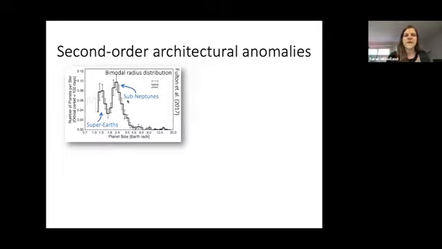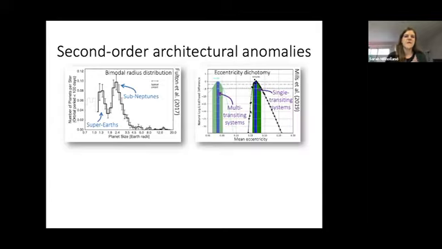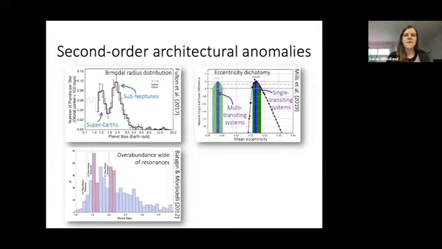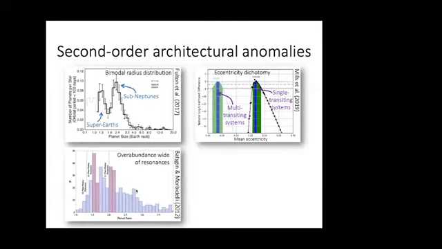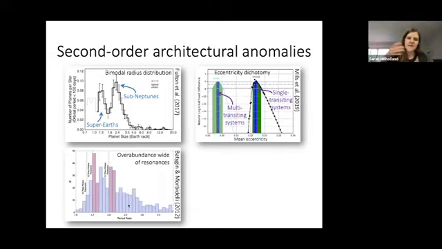Another dichotomy that we see is in the eccentricity distribution of close-in planets, where multi-transiting systems tend to have much lower eccentricities than single transiting systems. So here's another example of a second order dichotomy. Another architectural anomaly: if we look at the period ratios of adjacent planets in multi-planet systems and take a histogram over all of those different period ratios, we see that this distribution is smooth overall, but there are these interesting pileups just wide of a 3:2 and 2:1 period ratio, and these are called the first order mean motion resonances.